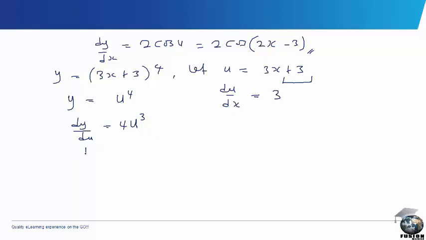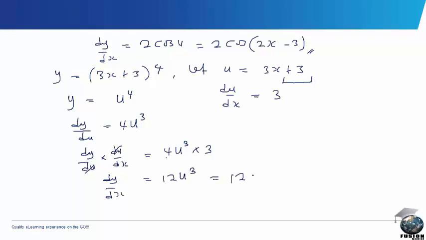So dy/dx equals dy/du times du/dx, which will eventually give me dy/dx equal to 4u cubed times 3, and 3 times 4 gives 12u cubed, where my u is equal to 3x plus 3. I just carry back my u into my final outcome. So this is how you work on functions of a function using derivatives.